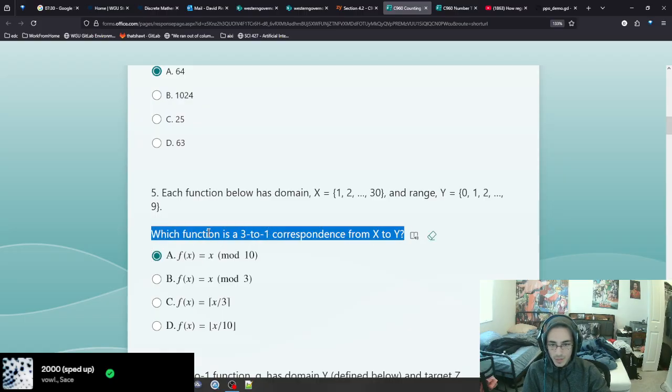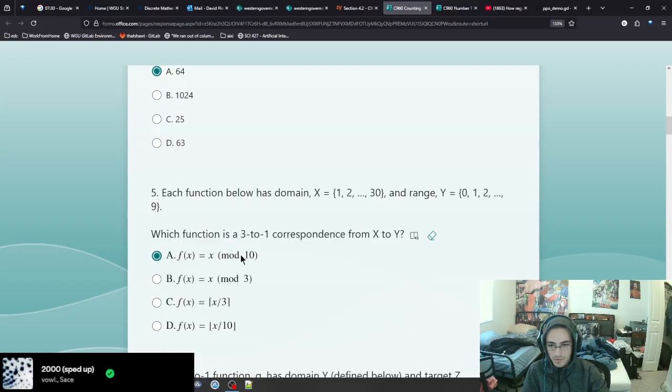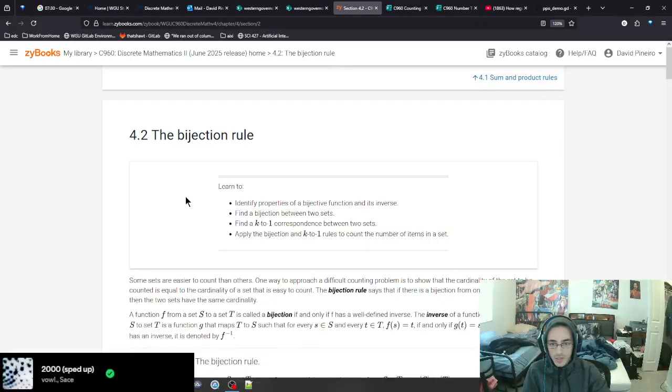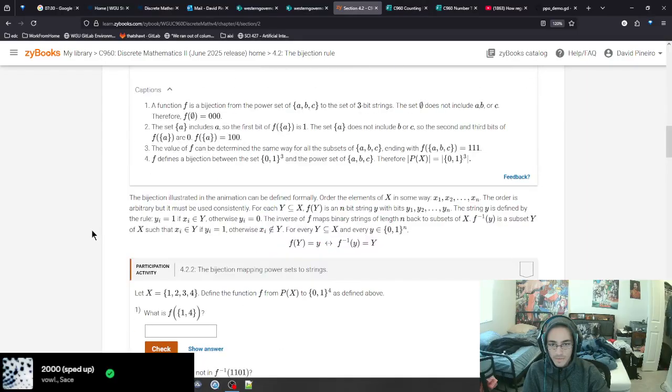It's probably just that one, mod 10, yeah, because this makes it so that whatever you put in here is limited to 10 options. Mod 10. But I don't really know if that's the case.